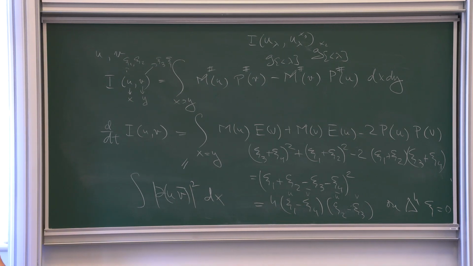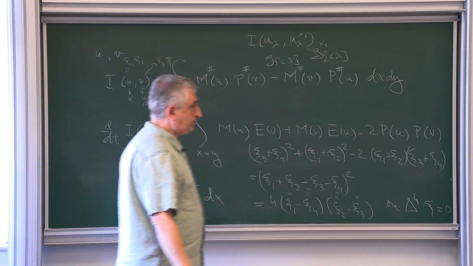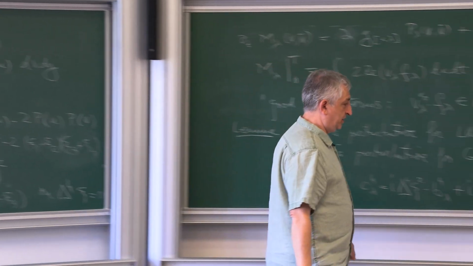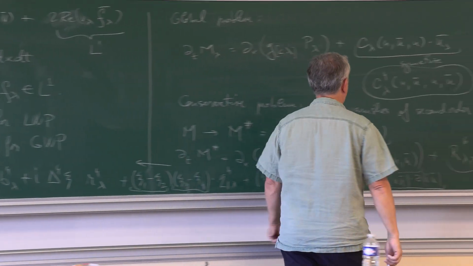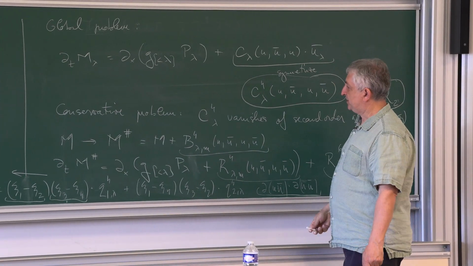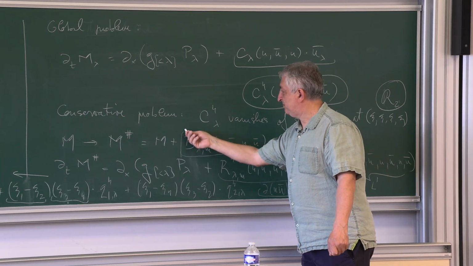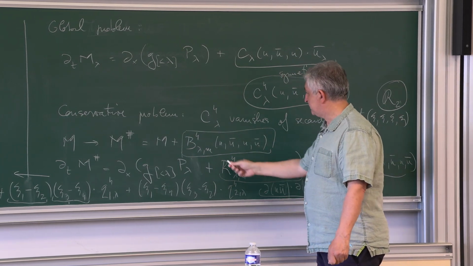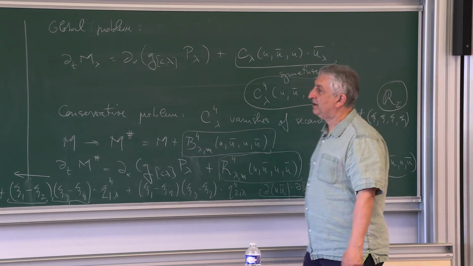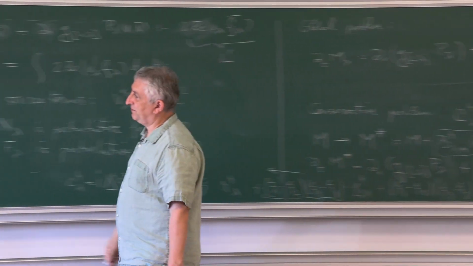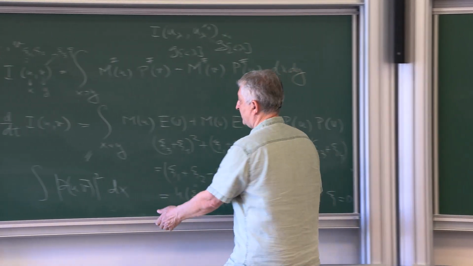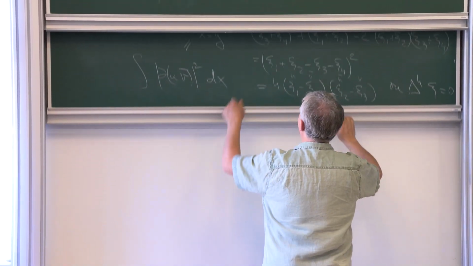All right. And so now, when I do the computation, I'm going to get contributions coming from this B and contributions coming from this R in my derivative of the interaction Morawetz. So let me write down how it looks.